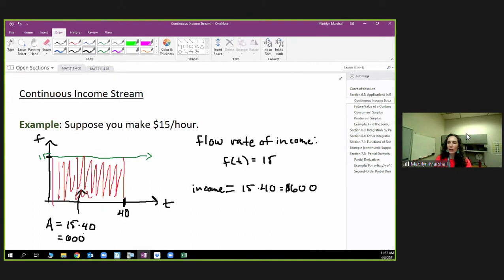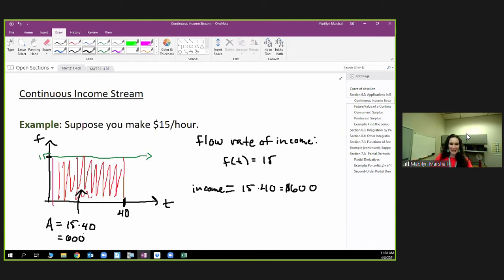So even though we're not talking about area here, income is not area, we can get income by multiplying our per hour wage by the number of hours. And visually that turns into a rectangle. But really it's just sort of this thing that we get from multiplying two things together. $15 an hour and 40 hours.